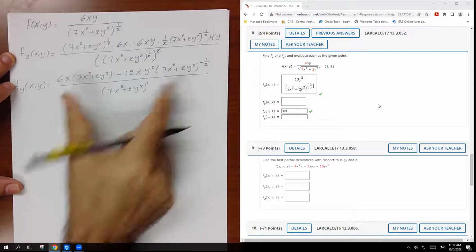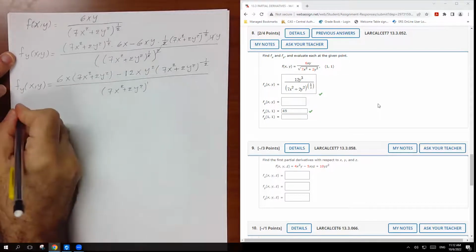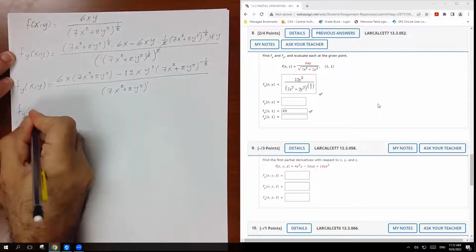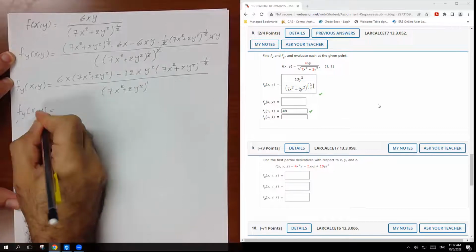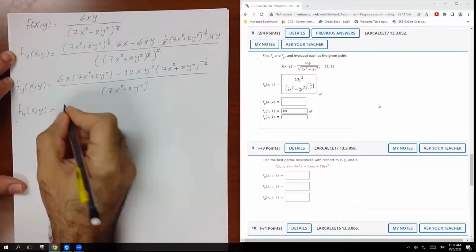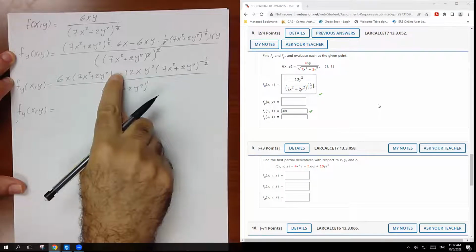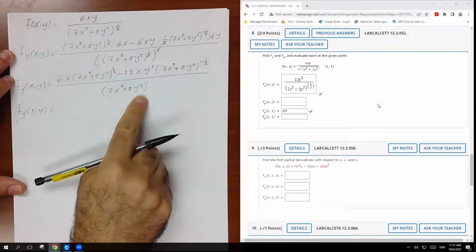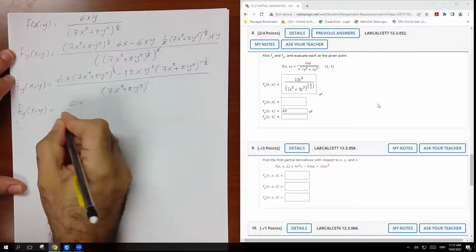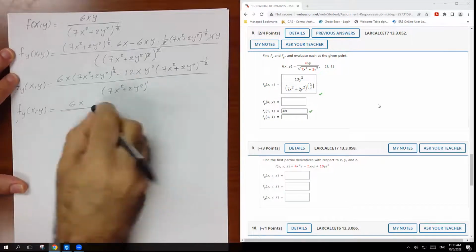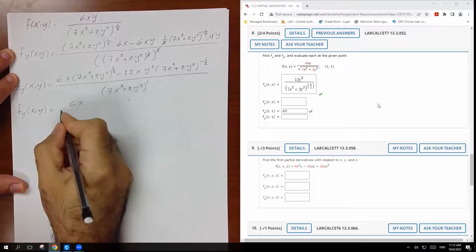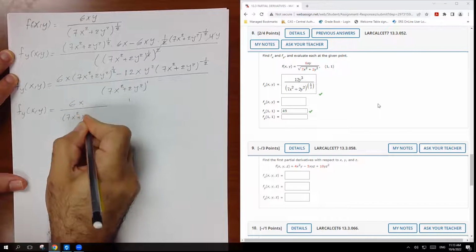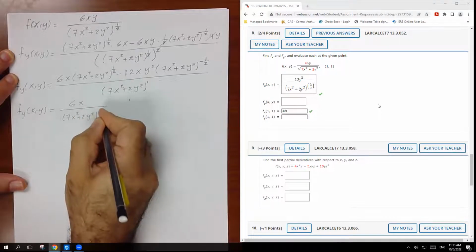Then I'm going to separate these two. f sub y of x, y is going to be 6x, I forgot the half here. Half with this one is going to be half on the bottom, so 6x over 7x squared plus 2y squared to the half.